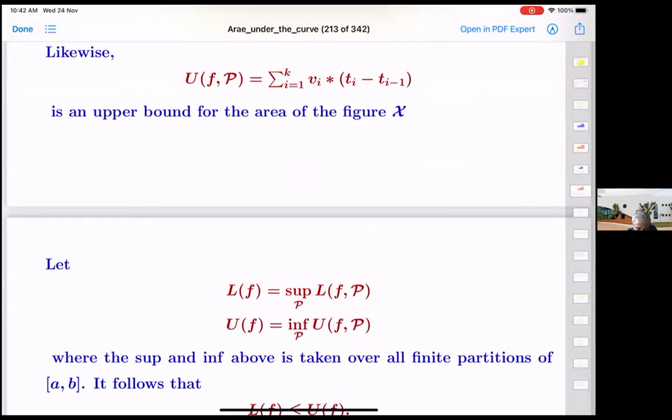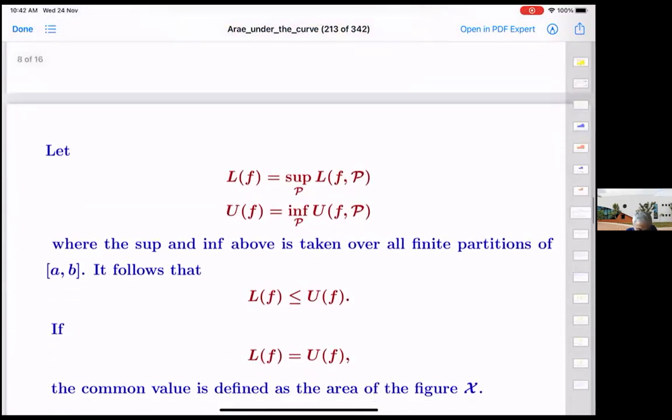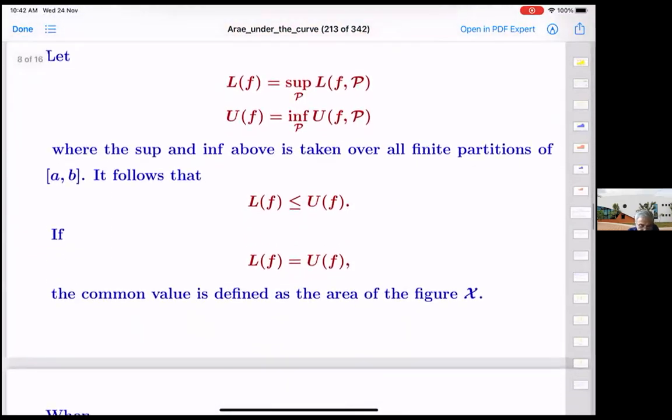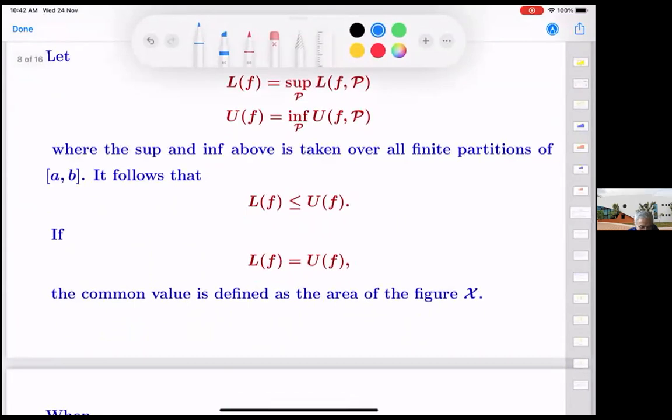We'll write down a formal proof later, but the lower bound is always less than or equal to the upper bound. If this doesn't work, that means somewhere something has gone wrong in our thinking about lower and upper bounds. But we will show that this works.